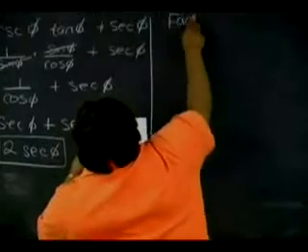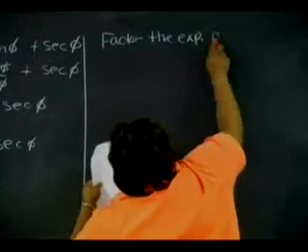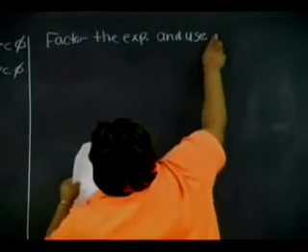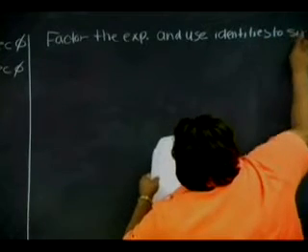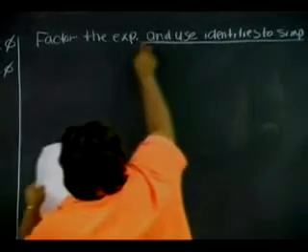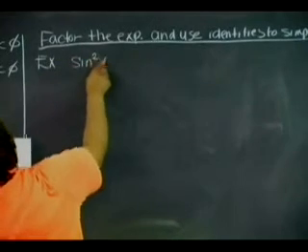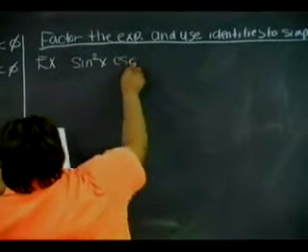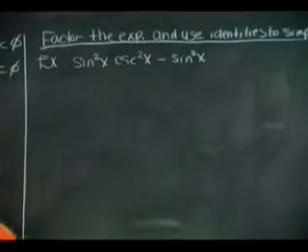Okay, next we want to factor the expression and use identities to simplify. So we have to remember some of our factoring techniques. Suppose we have sine squared x times cosecant squared x minus sine squared x.